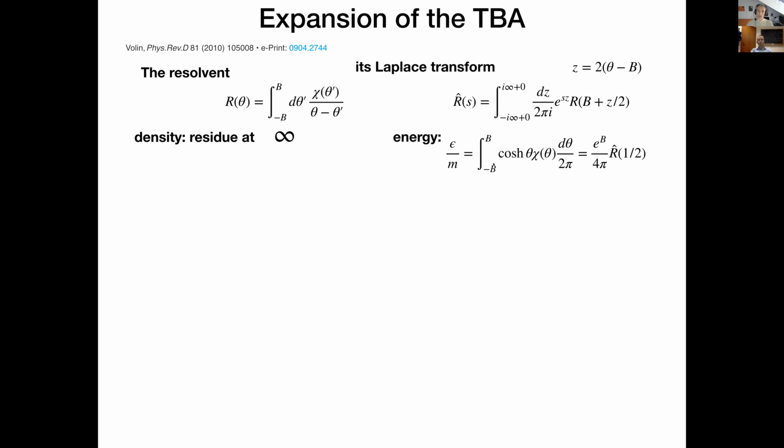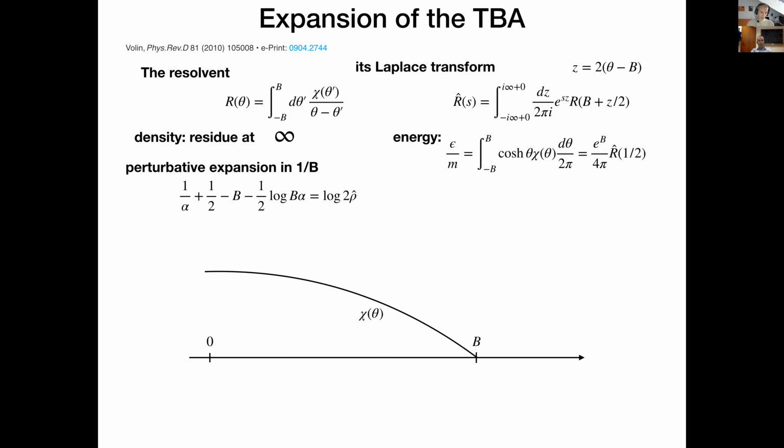But to get the energy, the Laplace transform of the resolvent is much better, because it's basically the Laplace transform at the position 1/2. So you see these two quantities are the two sides of the same function, and then you can easily switch from one to the other. So the idea was to analyze this function.